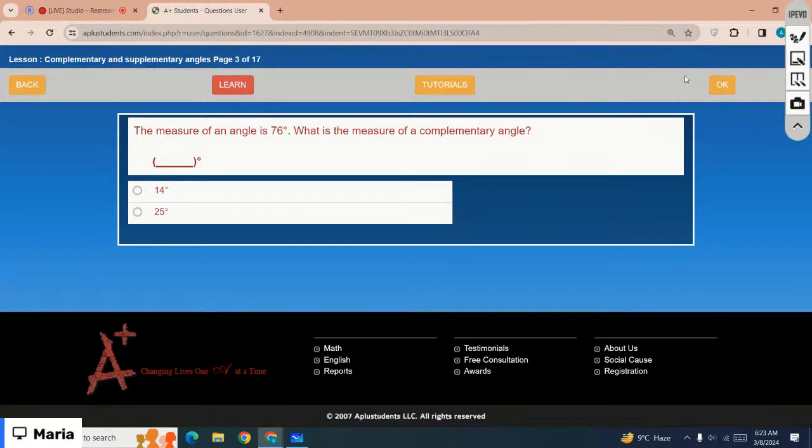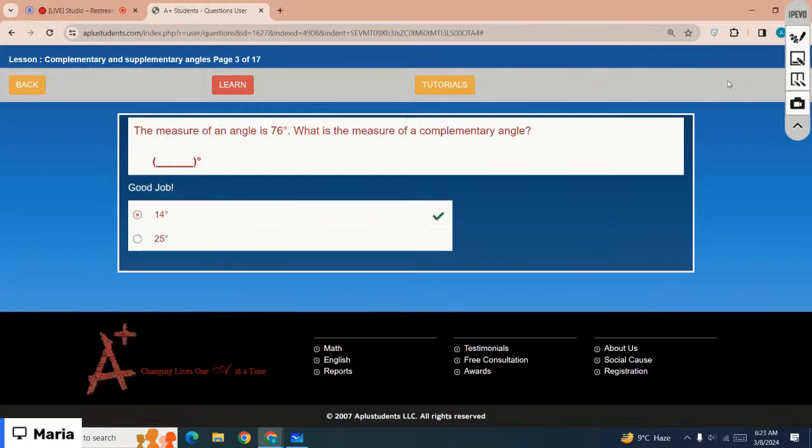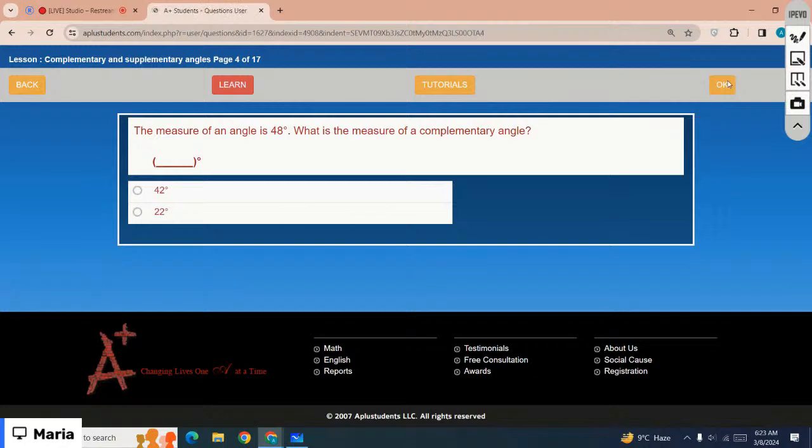The correct option is 14 degrees. The measure of an angle is 48 degrees.